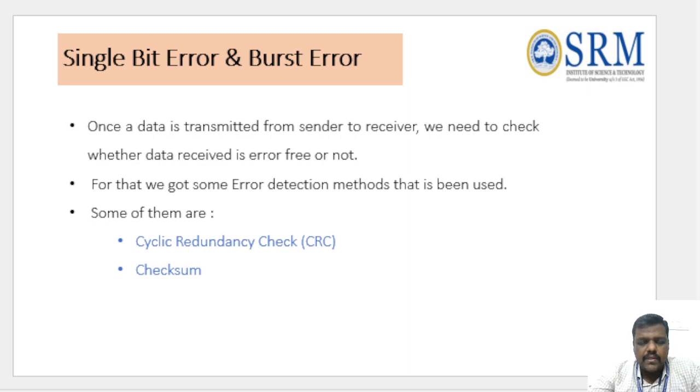Here we have two main methods of finding errors. One is called cyclic redundancy check, which I will normally call CRC, and another one is called checksum. These two methods play an important role in identifying errors in computer communication.